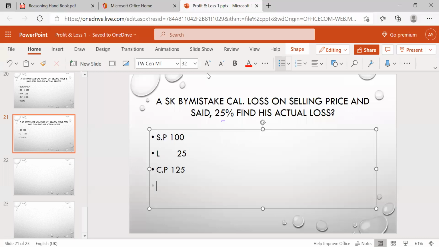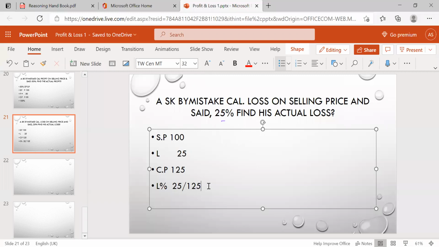Is it clear? He said loss is 25, but what's the cost price? If he's getting a loss, then cost price minus loss equals SP. CP equals SP plus loss, so I got 125. Now the actual percentage of loss is 25, what percentage of 125?